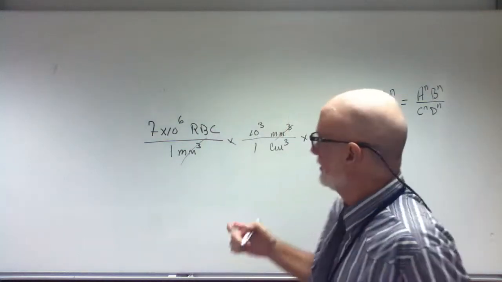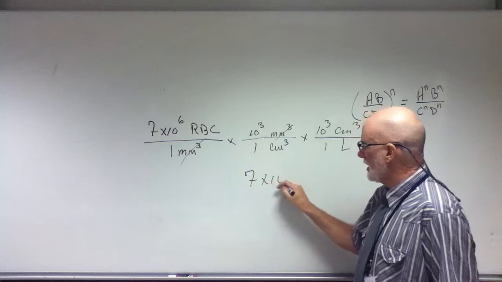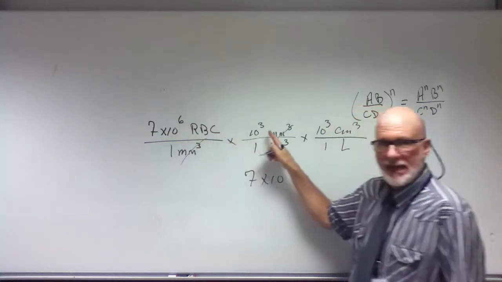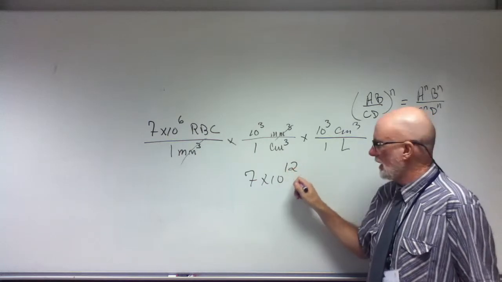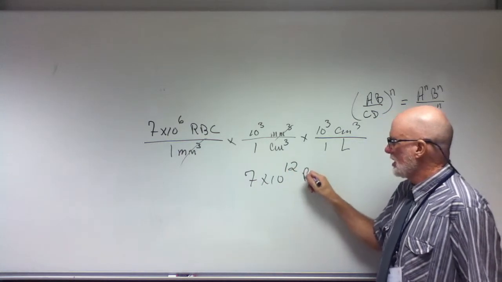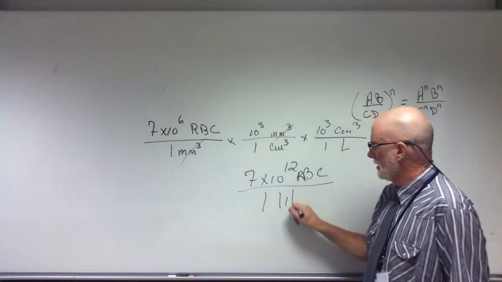So what's the answer? 10 to the 6th, I got the 7, times 10 to the 6th, 10 to the 3rd, 10 to the 3rd, 10 to the 12th. Just a little coaching, I like that. Red blood cells per 1 liter.